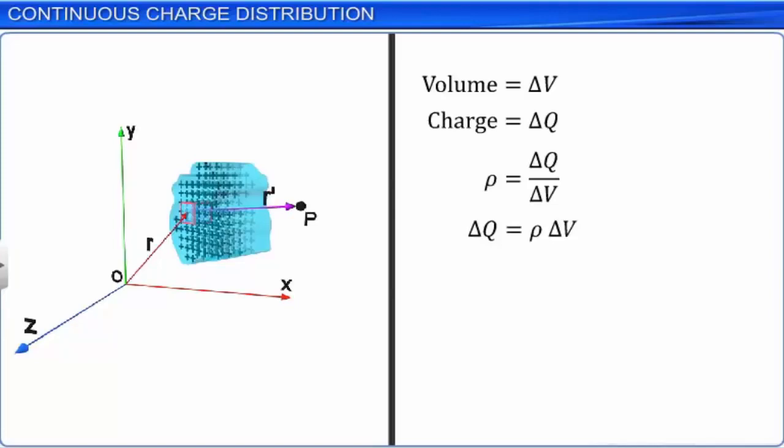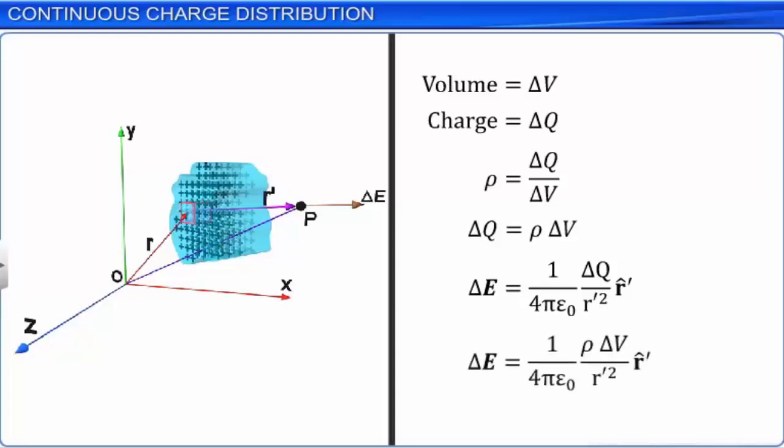The electric field strength at point P due to the volume element is ΔE equal to 1 by 4πε₀ ΔQ by R'² into R' cap, where R' cap is the unit vector in the direction of the straight line from the volume element towards the point P. This can be written as ΔE equal to 1 by 4πε₀ into ρ ΔV by R'² into R' cap.